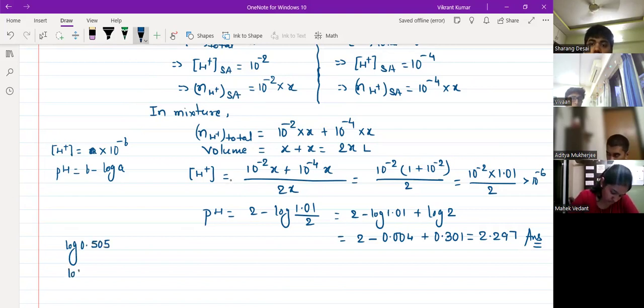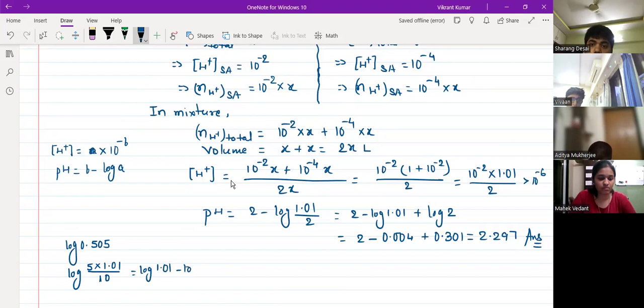I can see that this is nothing but 5 into 1.01 by 10, so we can write it. That is log 1.01 minus log, see, 2 times will come. Yes sir, it's handled.